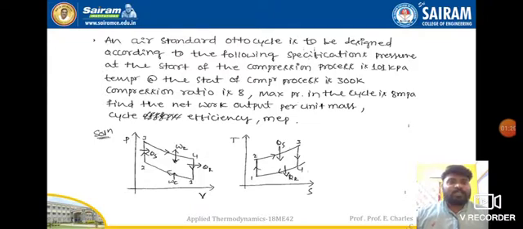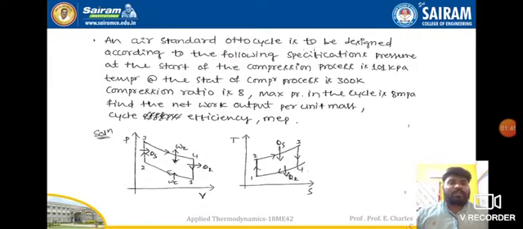Again, it is not so complicated. First and foremost, you need to draw the Otto cycle, which is very well known, how to draw the PV and TS diagrams. The 1 to 2 process will be adiabatic compression, 2 to 3 constant volume heat addition, 3 to 4 adiabatic expansion, and 4 to 1 constant volume heat rejection.